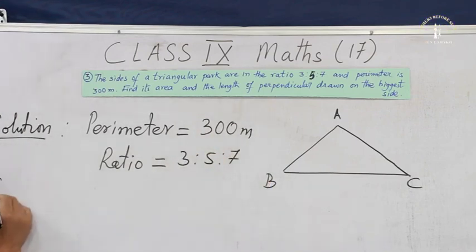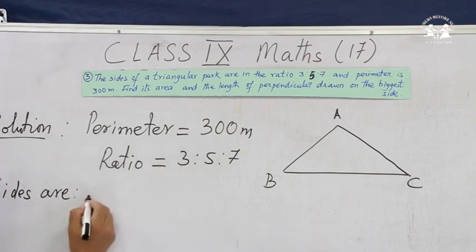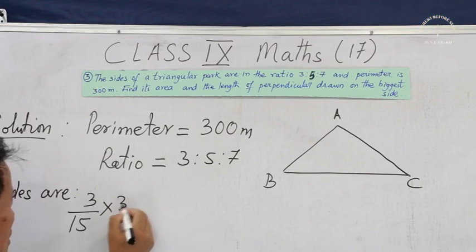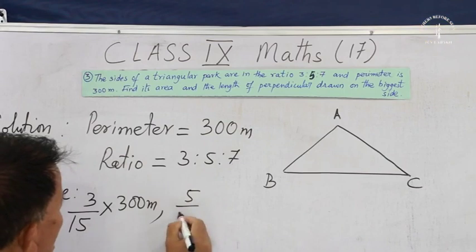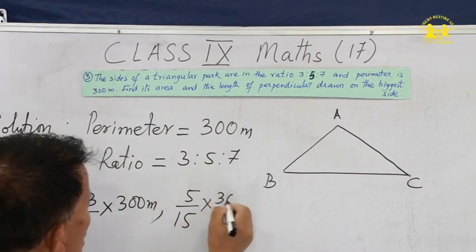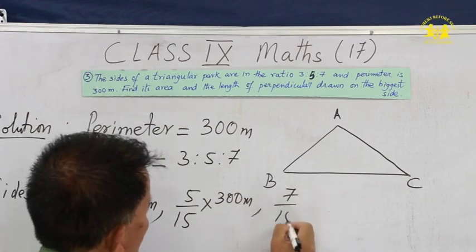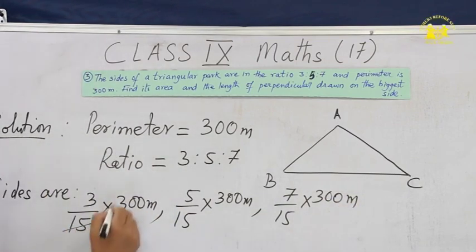So the sides are: the first one is 3 upon 15 into 300 meter. The second one is 5 upon 15 into 300 meter. And the last one is 7 upon 15 into 300 meter. 15 ones are 15, 15 twos are 30, 0 is 0.